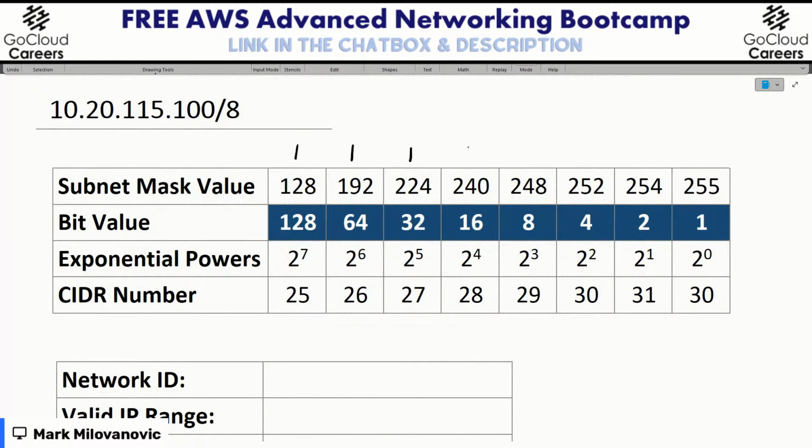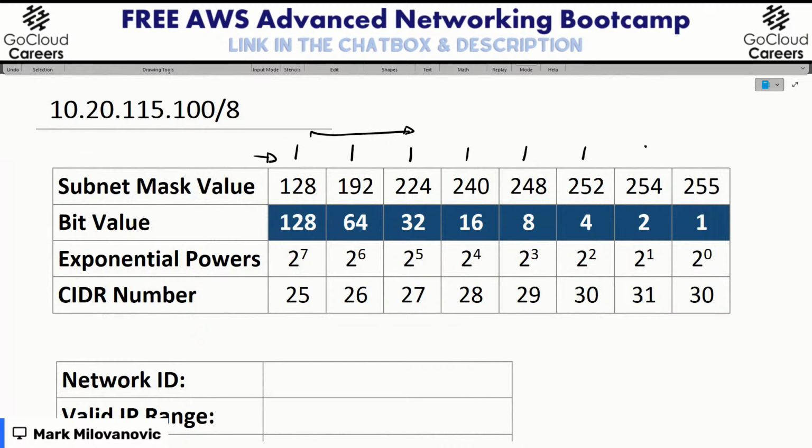I'm going to continue. I want to turn on the next bit, which is 16. So I take 224 and add 16, and I get 240. And I continue onwards from left to right.